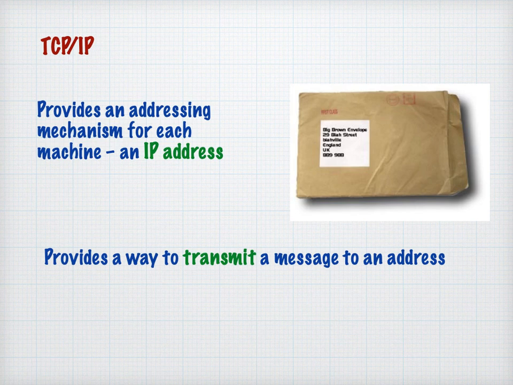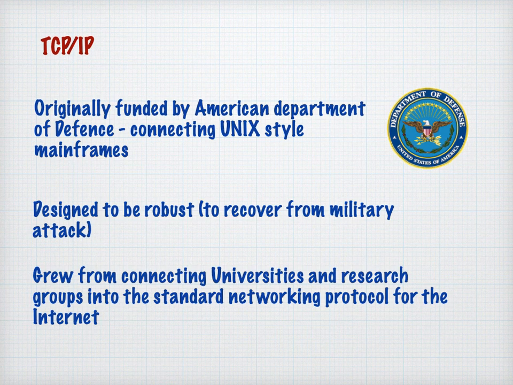So it's very similar to that notion of post, if you like. You can imagine an envelope with an address on it. We're sending, we're transmitting that to a particular address. Now, TCP/IP originally was funded out of the American Defense Department. What they were primarily concerned about, and this was some years ago, was that they could develop a robust network that would survive military attack.